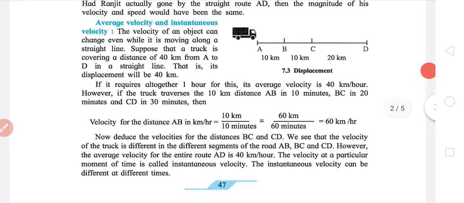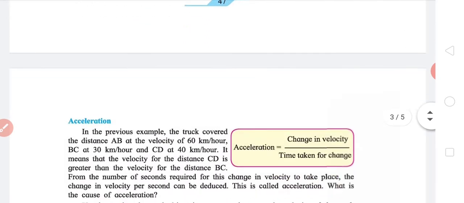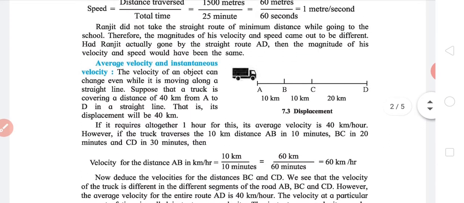Next comes average velocity and instantaneous velocity. Average is for a long period of time, if you move at different speeds. The average velocity concept will be clear as I explain this truck concept.